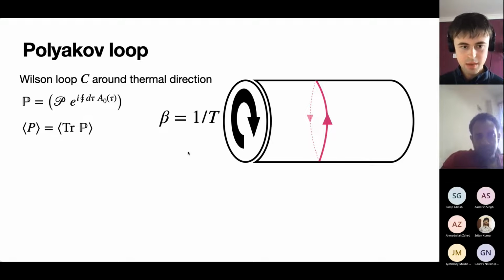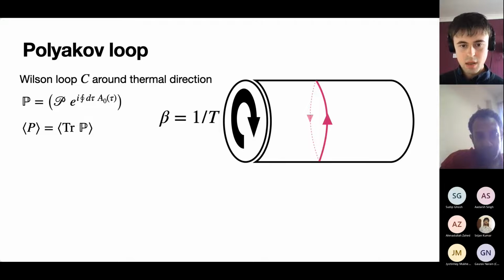However, it would also be very useful to consider this object, this P here, which is the holonomy before we take the trace over the gauge indices.